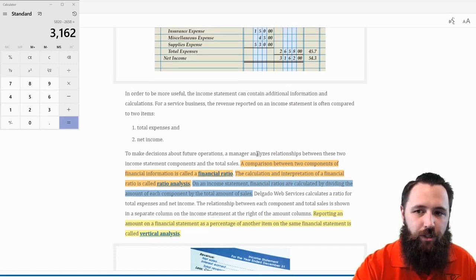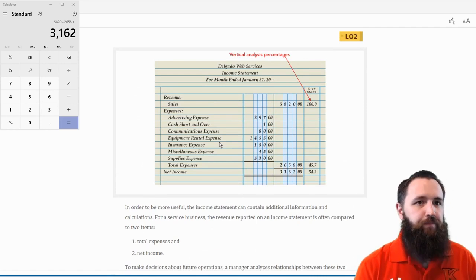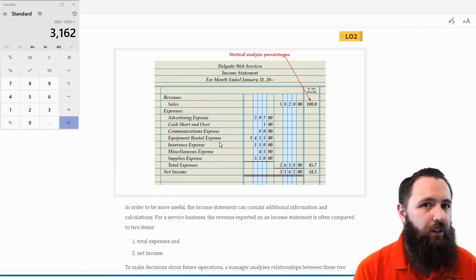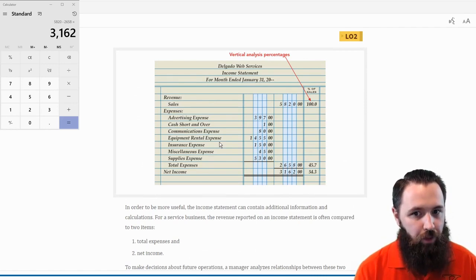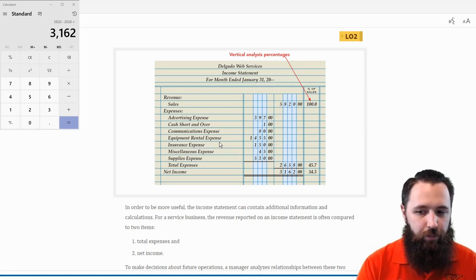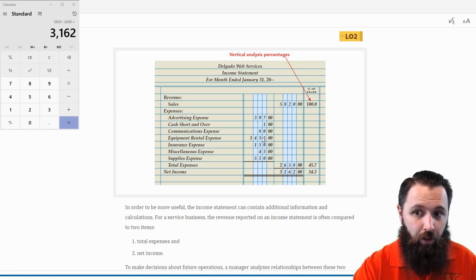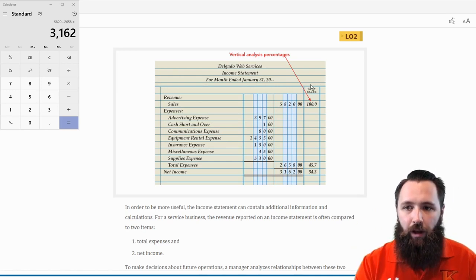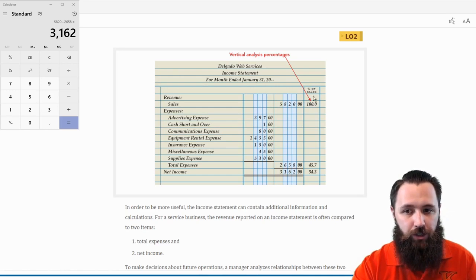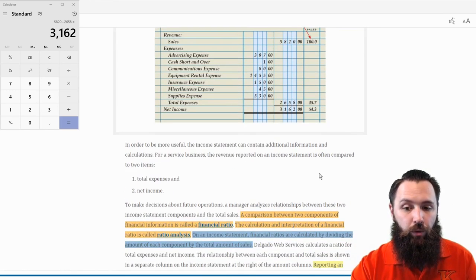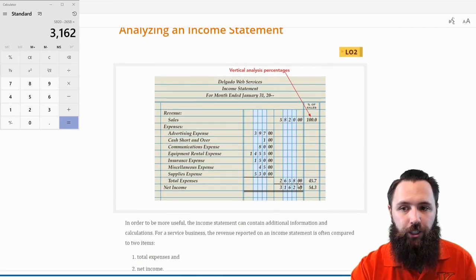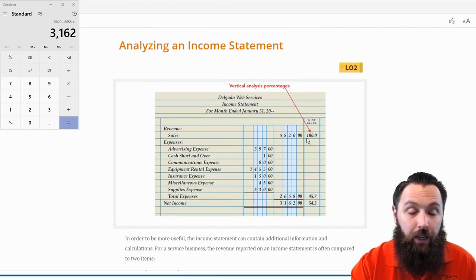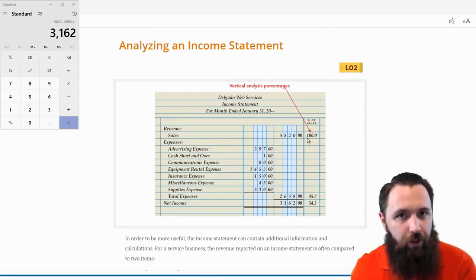And when it comes to an income statement, what we compare everything to is sales. So when you look at this income statement, we're going to do a vertical analysis, as they call it, meaning up and down. We are going to put percentages and record financial ratios, but everything is compared to sales.